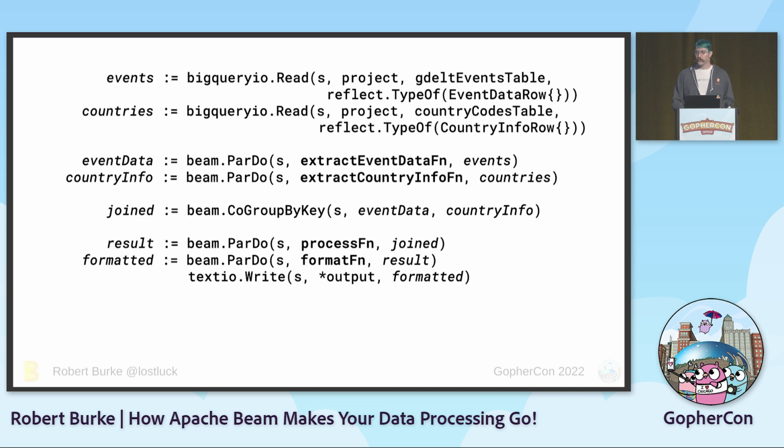And then we pass around the resulting PCollections, all the variables defined on the left side. The second parameter on each of the ParDo calls are in bold. These are the pipeline DoFns. These are the code that you want to execute on your data.